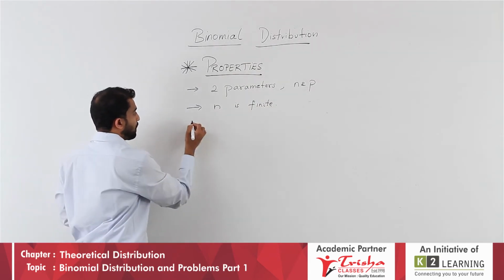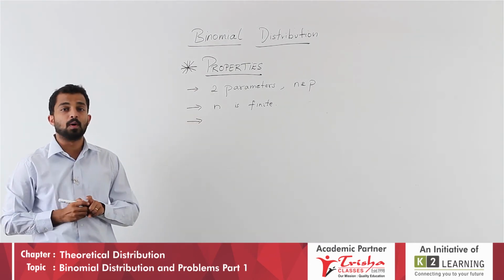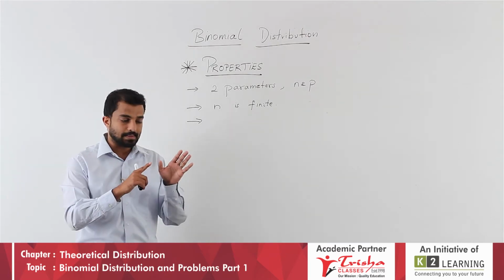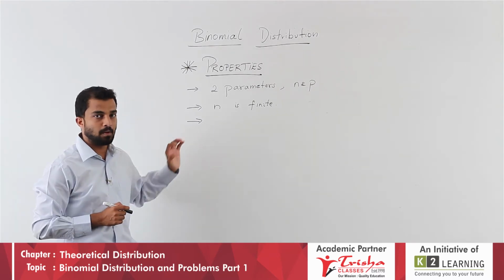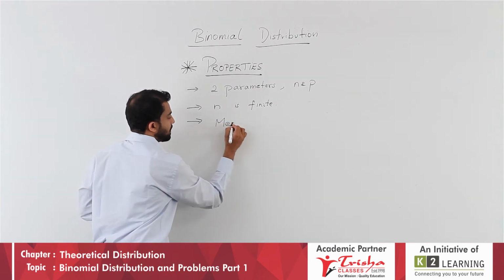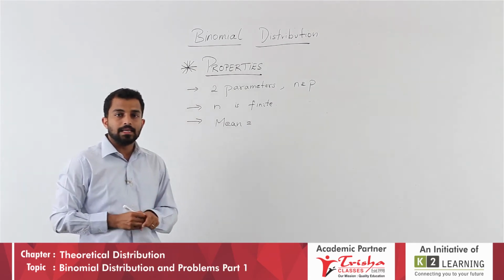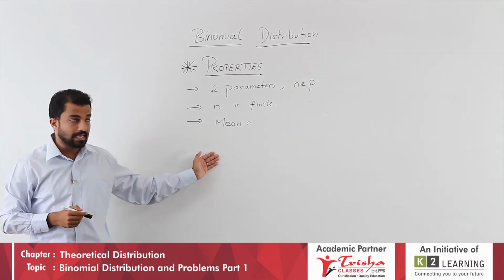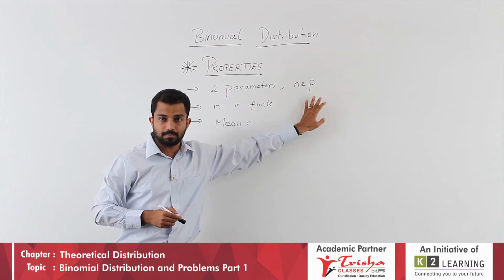Next property of binomial distribution, and very important, as we saw in Bernoulli, we need to know the mean, variance as well as standard deviation of binomial distribution. Firstly, let us see the mean. In Bernoulli it was one parameter, and that is why the mean was p. Here binomial has two parameters, namely n and p.